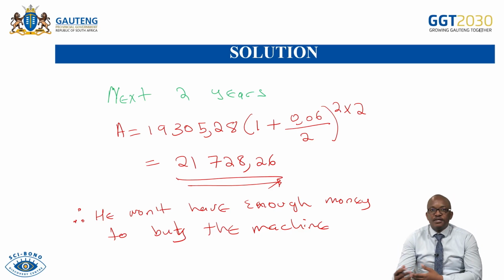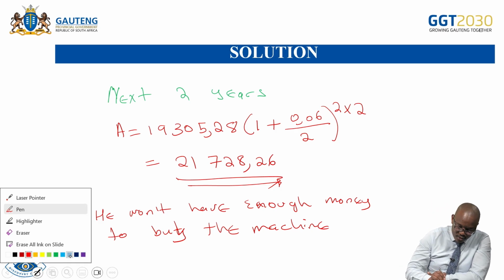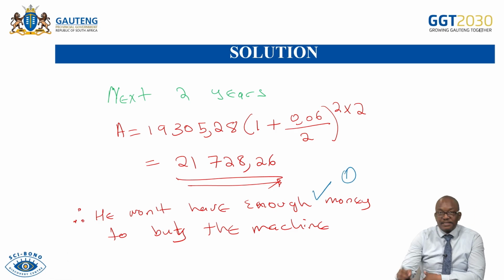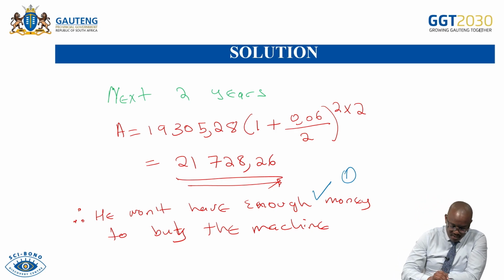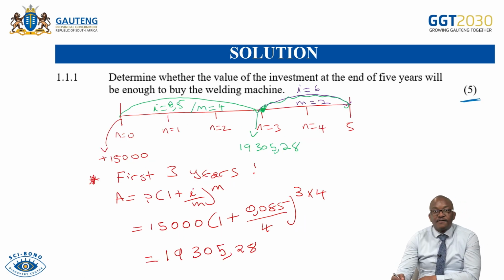Or you could say he won't have enough money. So that statement also carries a mark, because the question needs a conclusion. It means 1 mark will go to the conclusion, and remember this question is 5 marks. Correct?